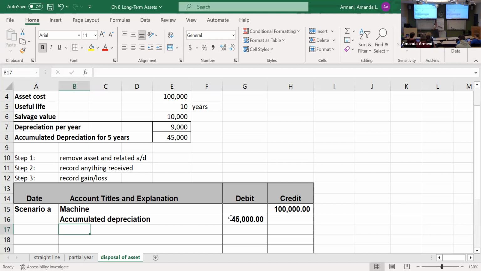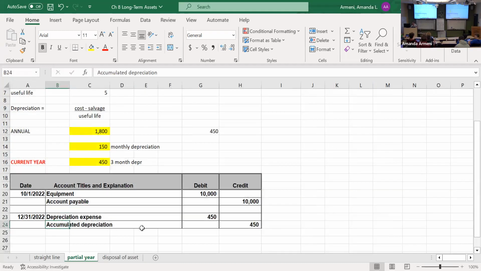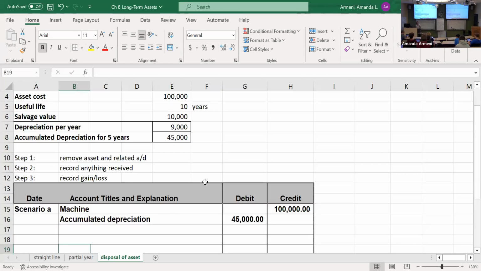Every single time we make an entry for depreciation, we're always making a credit entry. Are you with me? That's what we did on Wednesday. Every time we make an entry, we debit depreciation expense, and our credit is accumulated depreciation. So what we are currently saying is this machine that we are no longer going to be using has accumulated depreciation of $45,000.